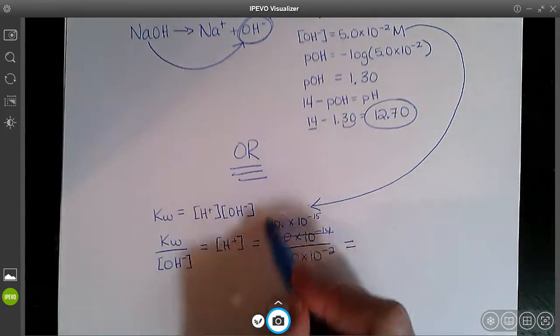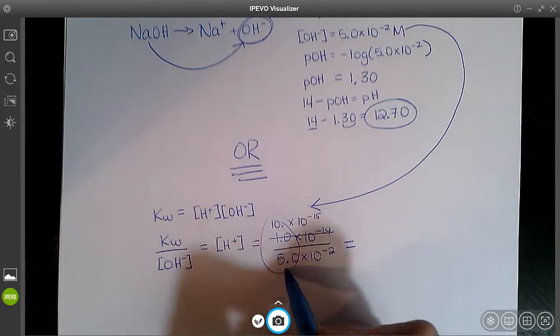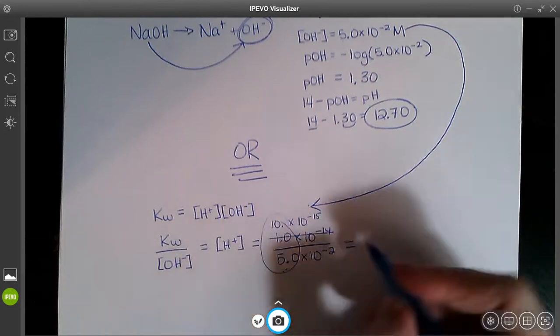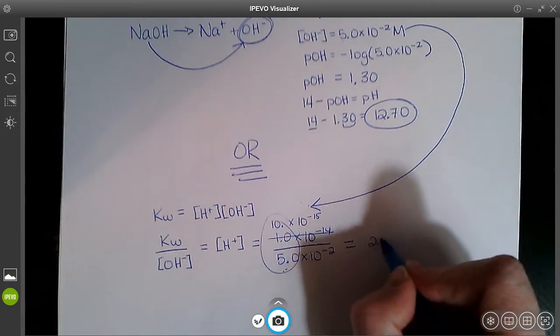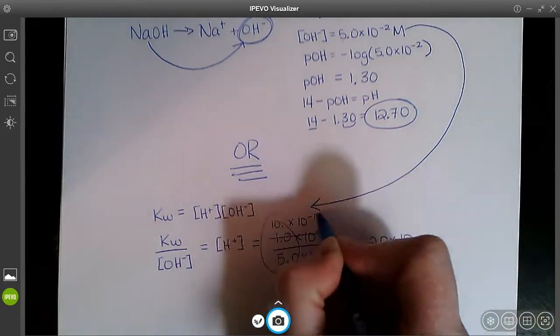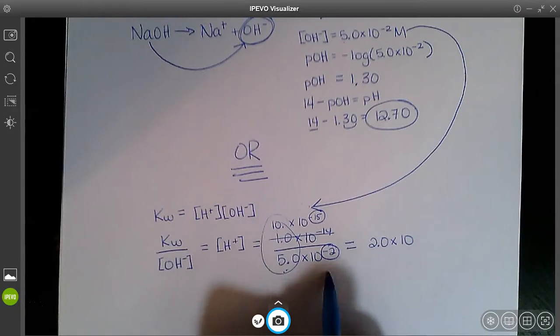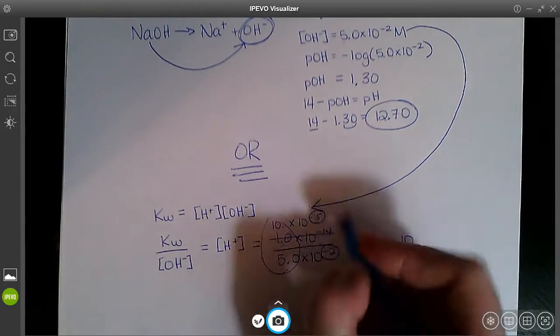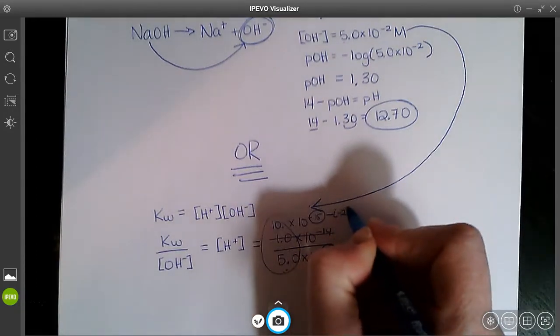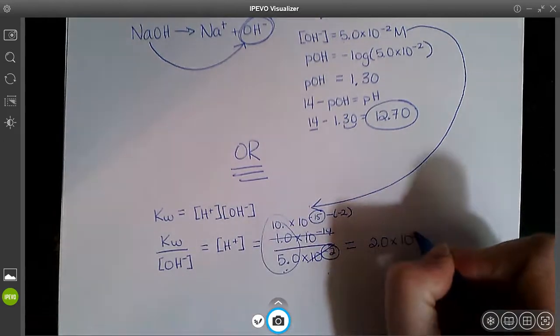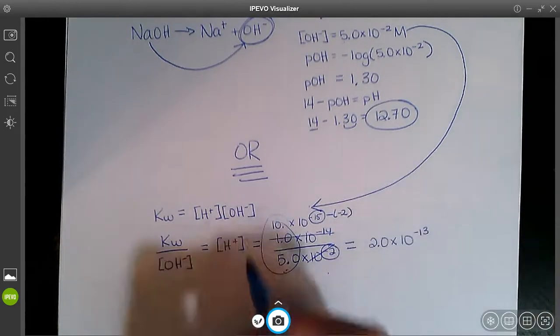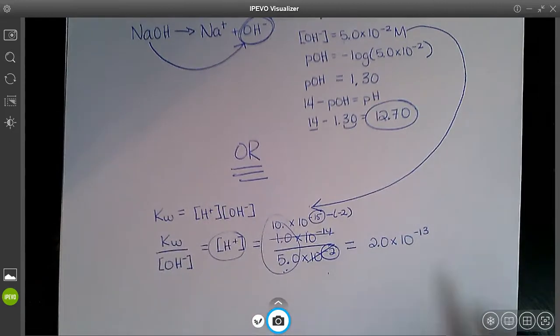The reason I would do that is because I can do this a little easier in my head. 10 divided by 5 is clearly 2.0 times 10 to the negative 15, negative 2, but I'm subtracting since it's on the bottom. So negative 15 minus negative 2. So that's going to be negative 13.